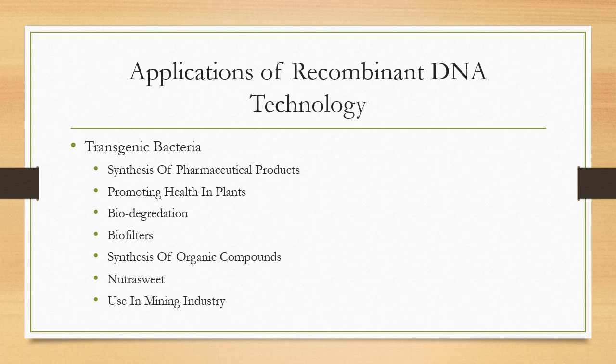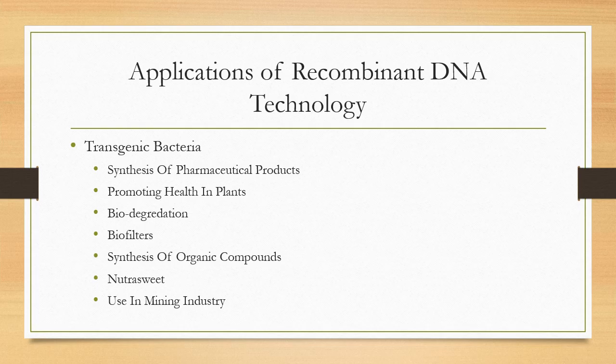Previously, insulin was obtained by killing animals and taken from the pancreas of pigs, goats, and cattle, but with this technology we can easily make insulin from bacteria.